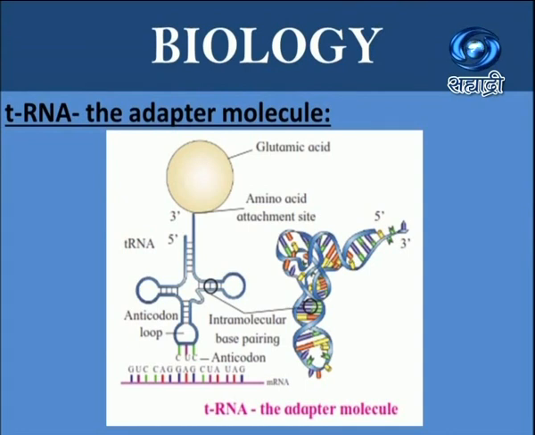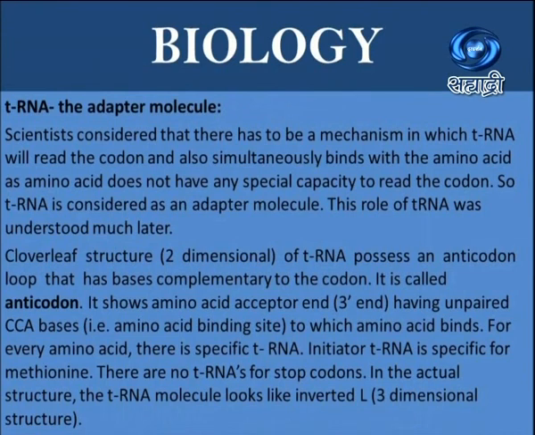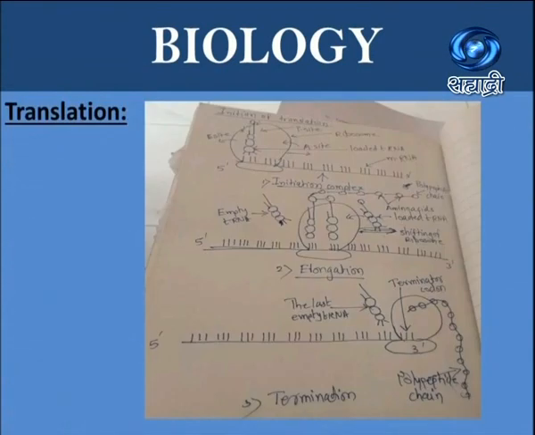Each ribosome consists of large and small subunits. These subunits occur separately in the cytoplasm. Only during protein synthesis do these two subunits get associated together, due to magnesium ions.